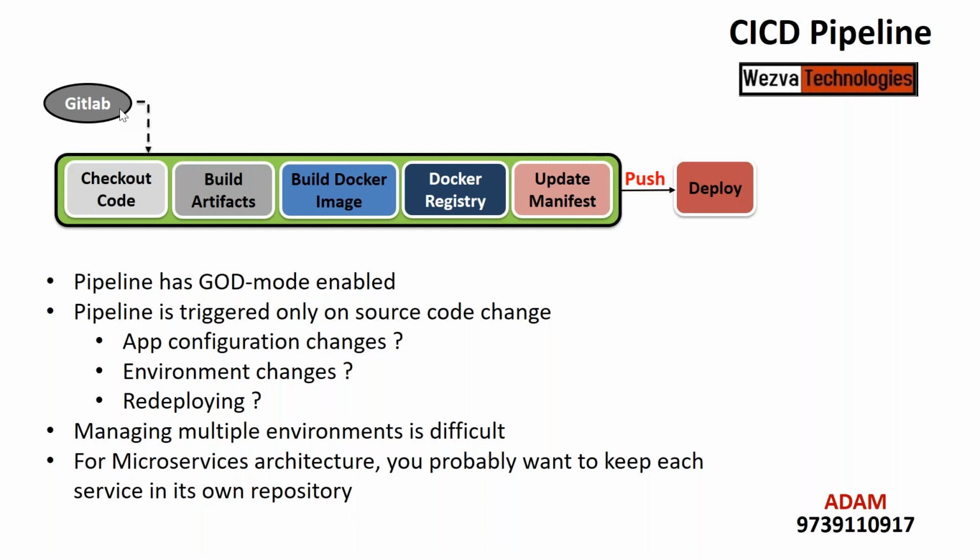So only when the source code is changed are you actually triggering, if you understand. What do you mean by source code? Source code means the actual source which the developers are modifying for the application, like the Java files. So only when that is modified, the pipeline is triggered, correct?